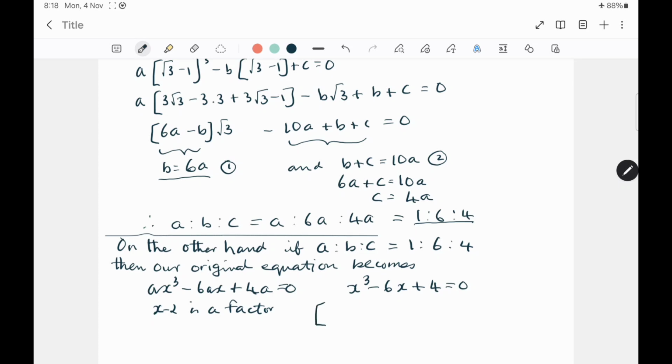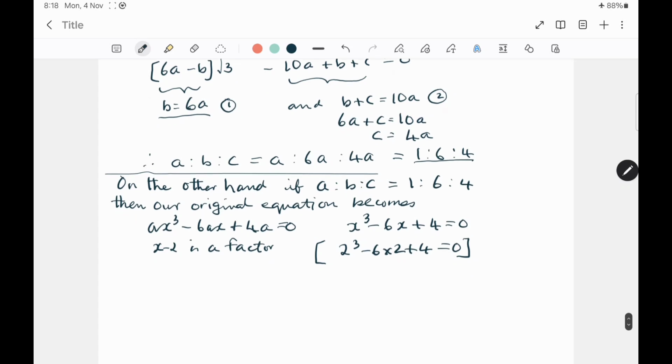And why? Because if you substitute 2 for x, you get 2 cubed minus 6 times 2 plus 4 is 0. So we can divide the left-hand side by x minus 2, which I shall do down here using synthetic division. That's 1, 0, minus 6, and 4.